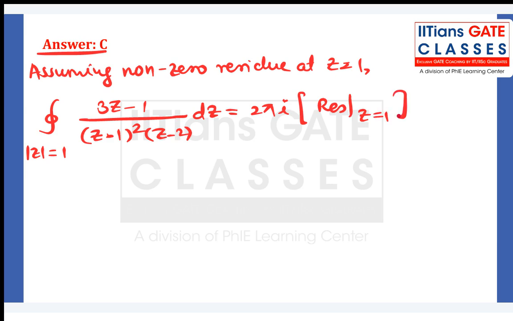And since it's a repeated pole, you have to differentiate basically, and that's a general formula also. I had given you that formula in our regular classes as well.